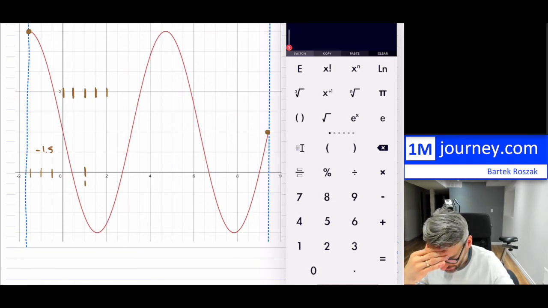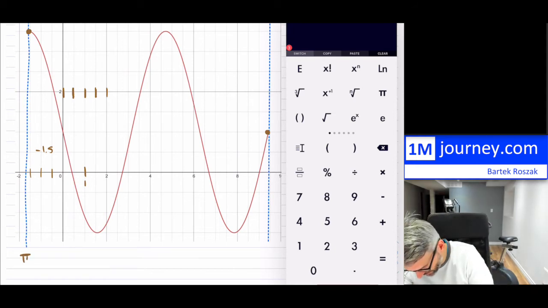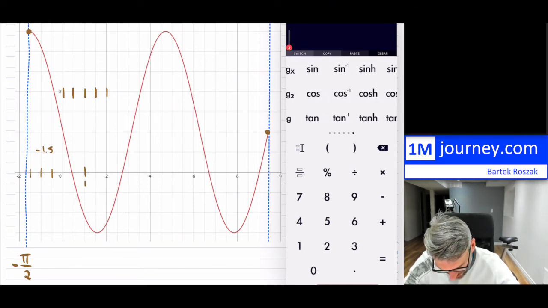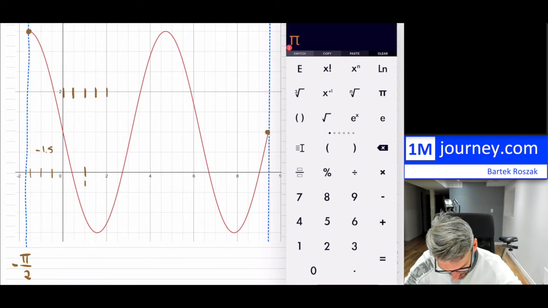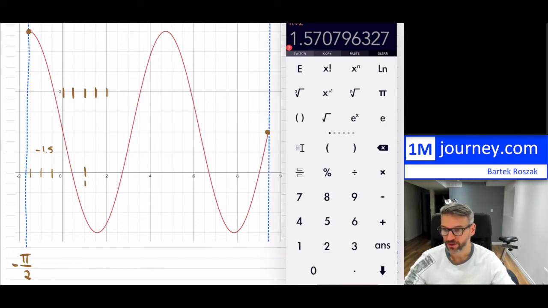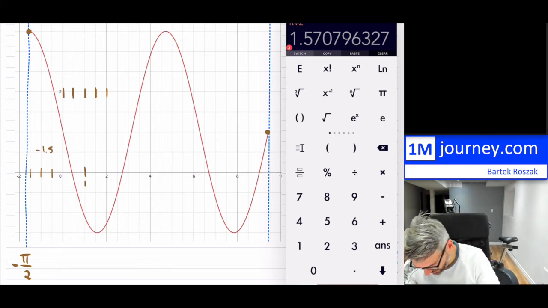It looks like it's going to be pi over 2 negative, because pi divided by 2 is around 1.57, and this is a little bit over. So this looks like negative pi over 2. This looks like it's 0.